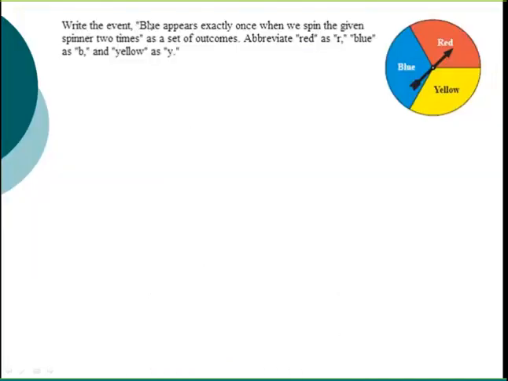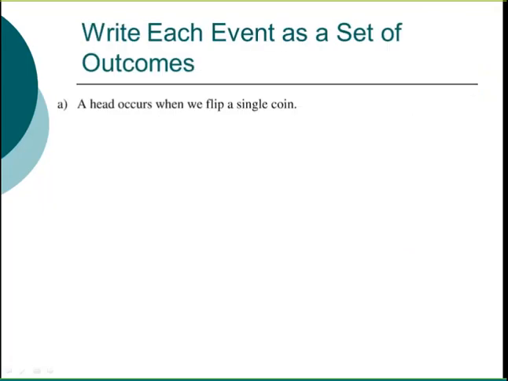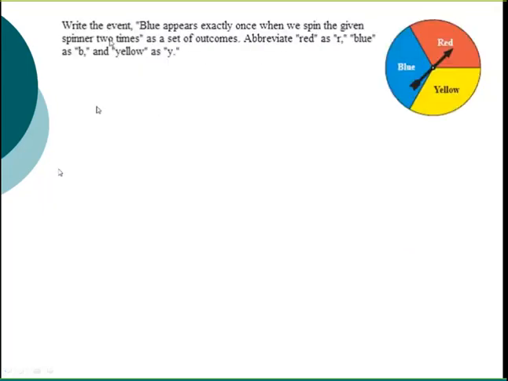Write the event: blue appears exactly once when we spin the given spinner 2 times, as a set of outcomes. Abbreviate red as R, blue as B, and yellow as Y. So here we're writing our set of outcomes.